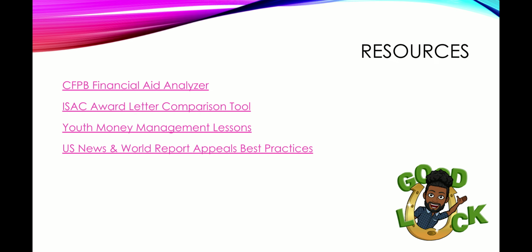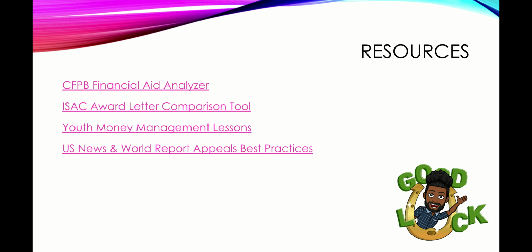And then it gives you the opportunity to compare multiple schools to each other as long as you have that information available to you. The youth money management lessons are a great tool. It's an 8-lesson series that really helps youth understand how to manage your money. It talks specifically about financial aid, of course, but also broadly, what do you need to be thinking about around managing your finances as you transition to college or other post-secondary options?